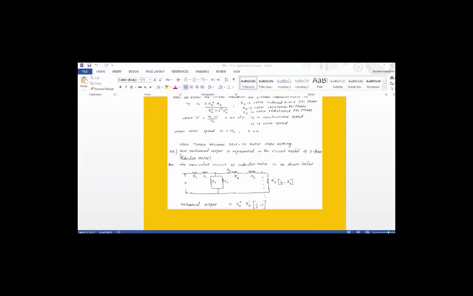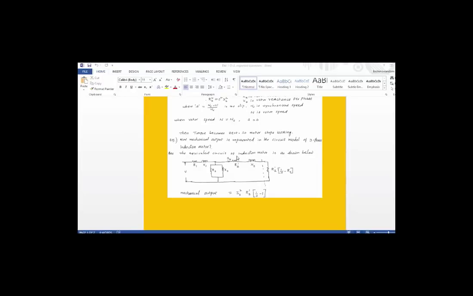Next, last question, that is 25th question. How is mechanical output represented in the circuit model of three-phase induction motor? We know the equivalent circuit of three-phase induction motor as shown below. So this is the applied voltage per phase, and this is stator winding resistance per phase R1, and this is stator winding reactance per phase X1, and R0 and X0 are the no load components or core loss components.